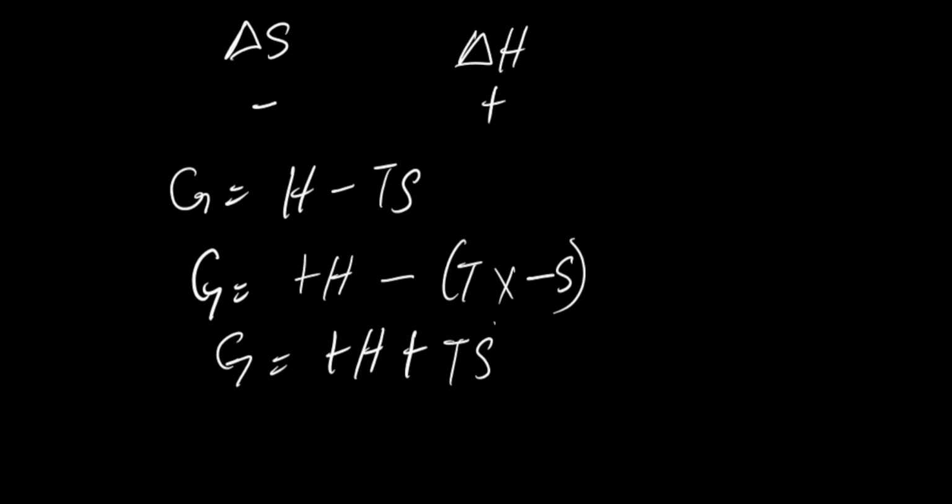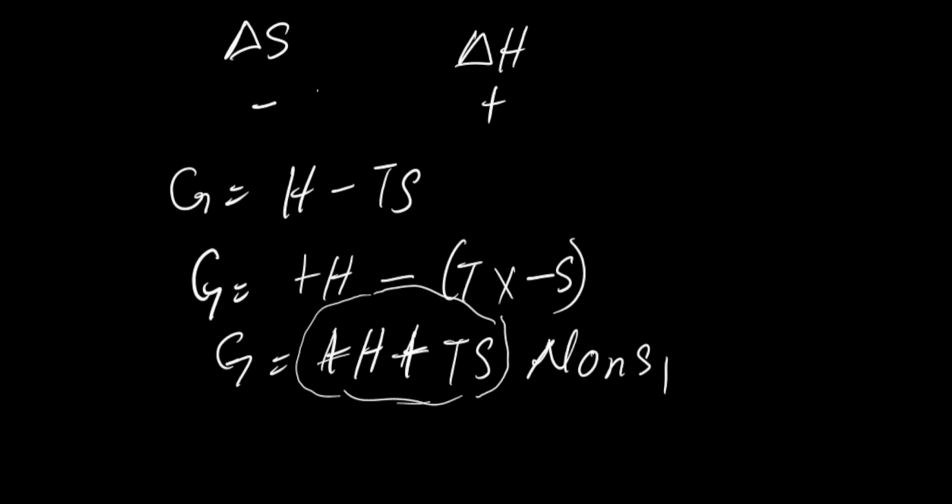Notice that there is no condition under which this could possibly be negative, because we have positive and positive. There is no condition under which this would give us a value less than 0. In other words, this reaction where we have entropy to be negative and enthalpy to be positive is a non-spontaneous reaction. Okay, so it's good for us to take note of that.